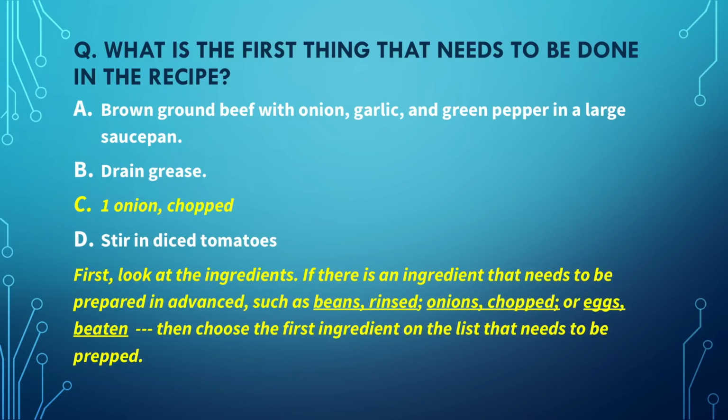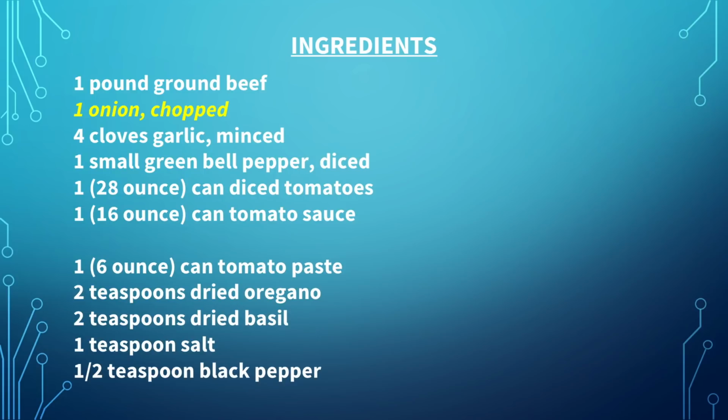So in this instance, our choices are A, brown ground beef with onion, garlic, and green pepper in a large saucepan. B, drain grease. C, 1 onion chopped. Or D, stir in diced tomatoes. Okay, let's look at the ingredients again. It's asking what is the first thing that needs to be done.